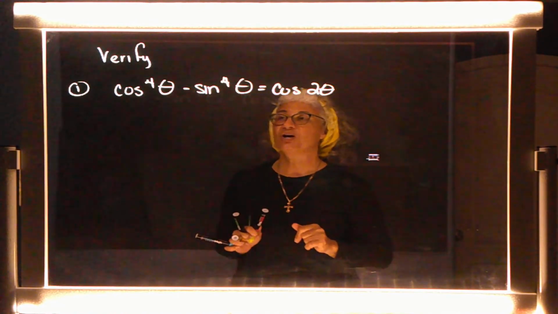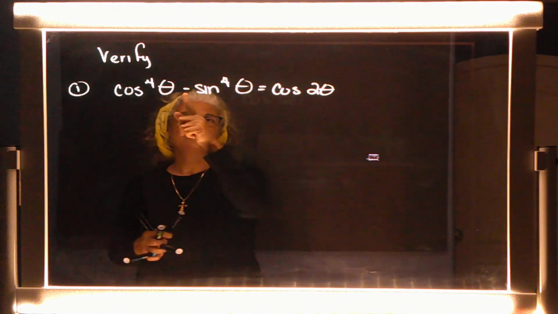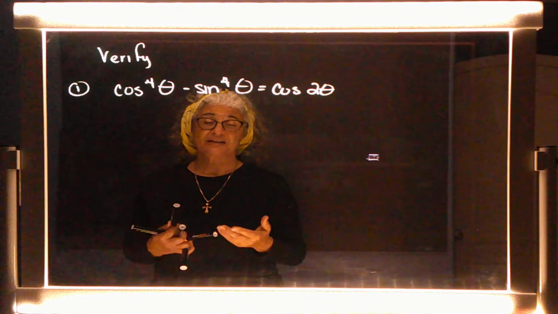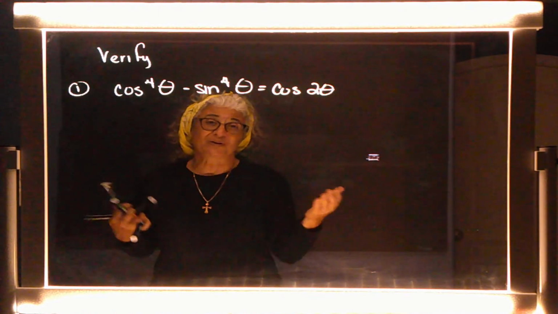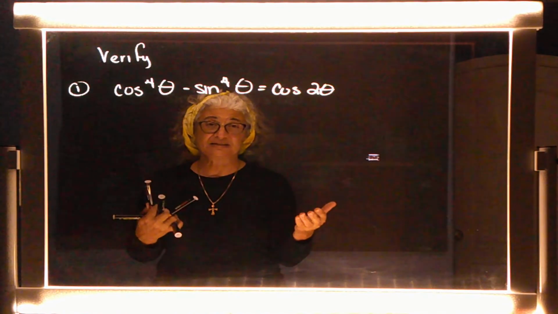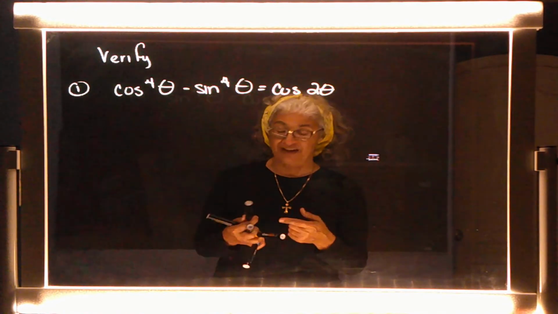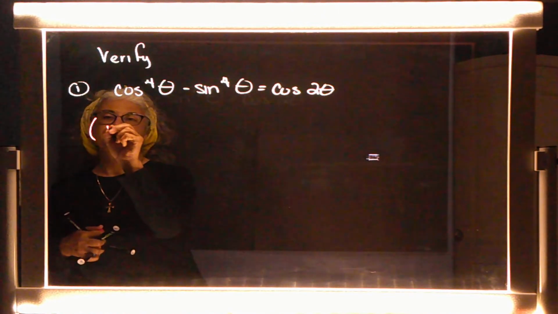So over here on the left side, what I'm noticing is I have a difference of two squares. They may not actually be a power of 2, but 4 is a multiple of 2, isn't it? So couldn't I factor this? Let's see if you see the factoring.